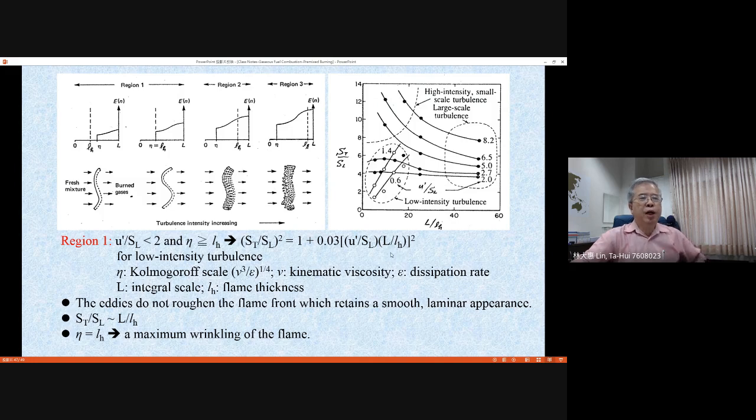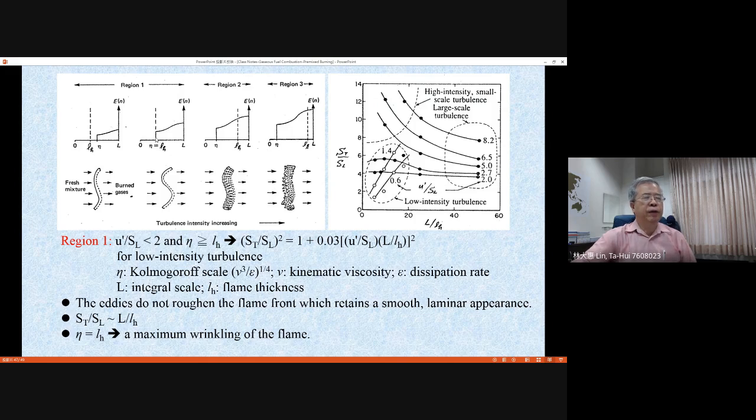Okay, now you try to increase your velocity fluctuation U prime as much as possible. You find that when you increase it to a certain value, the Kolmogorov scale, the minimal diameter of the AD, is reached and equal to your flame thickness.